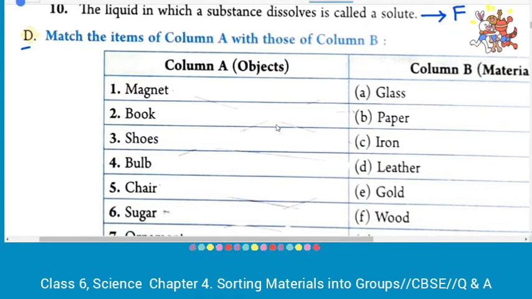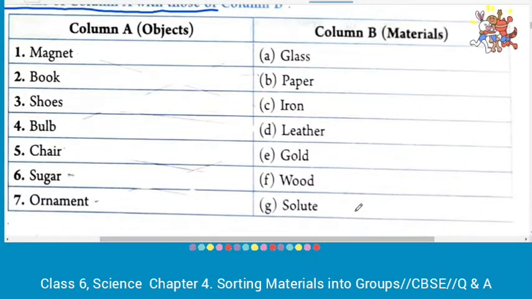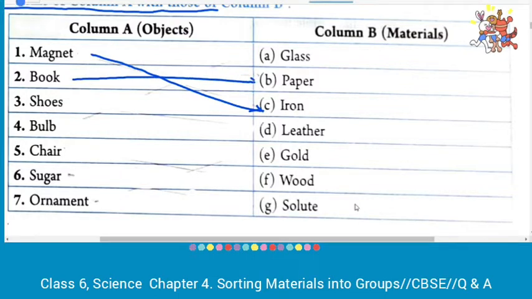Section D, match the items of column A with those of column B. Magnet: it attracts iron. Next, book: book contains paper.